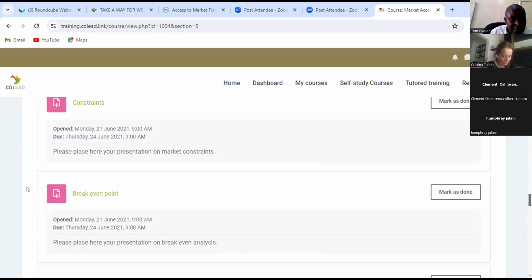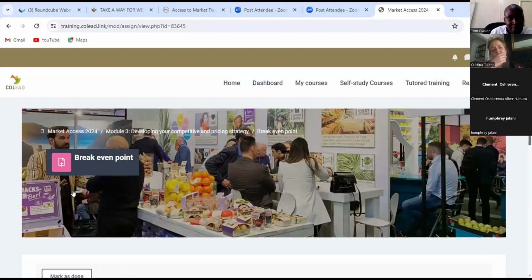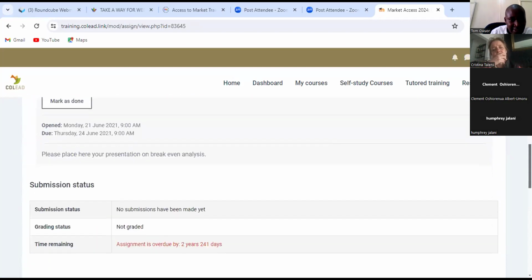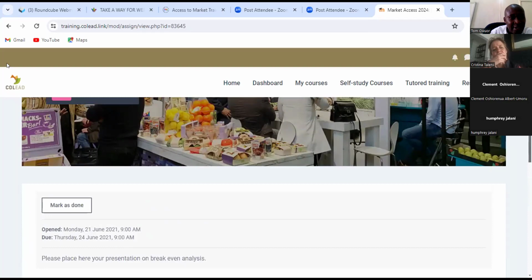There is also this break-even point section. You need to go through it, because the information here is going to help you appreciate the break-even point a lot better.